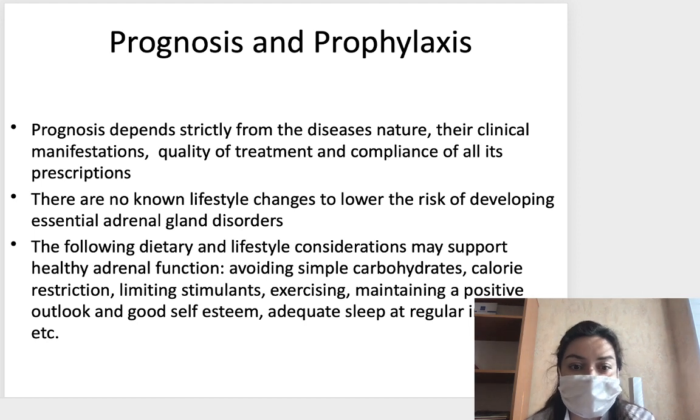The following dietary and lifestyle considerations may support healthy adrenal function: avoiding simple carbohydrates, calorie restriction, limiting stimulants, exercising, maintaining a positive outlook and good self-esteem, adequate sleep, and regular meals, etc.